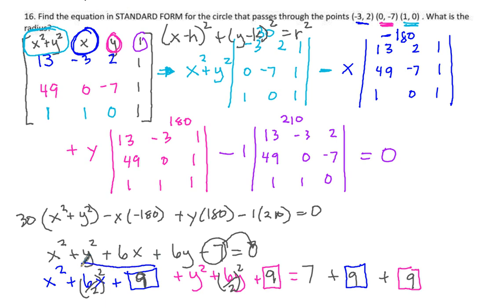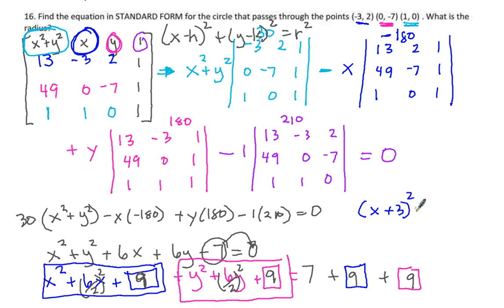Now, these three terms become a perfect square trinomial, which factor to x plus 3 quantities squared. And these three terms are now a perfect square trinomial. They factor to y plus 3 squared. And if I add 7 and 9, I get 25.